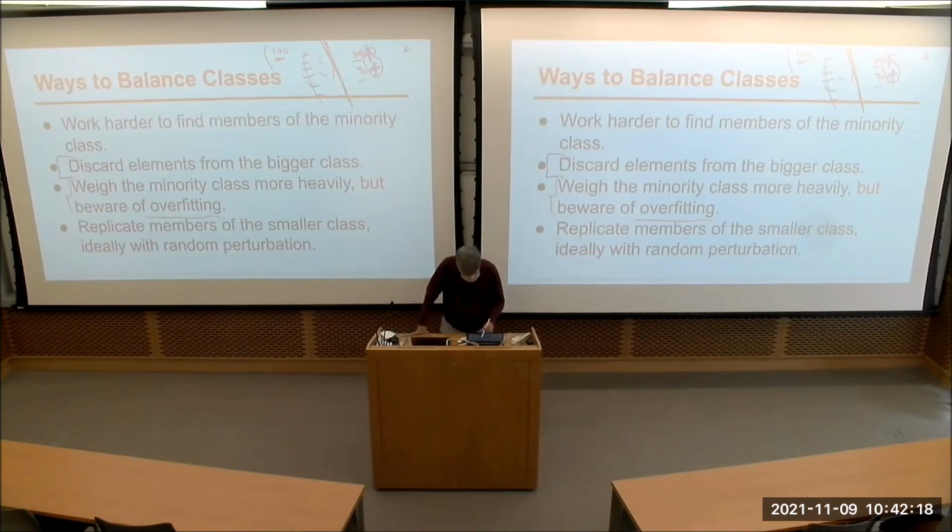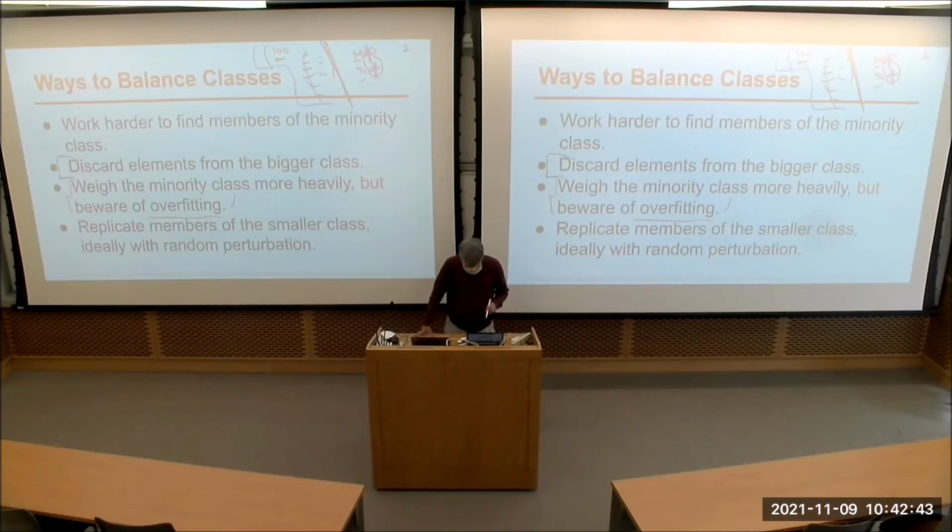Even if your classifier machinery does not allow you to weigh the examples, by replicating the examples you will get equal weights of the two classes, and quite likely the model you get is going to be better, although it has the same risk of overfitting as before. Any questions?